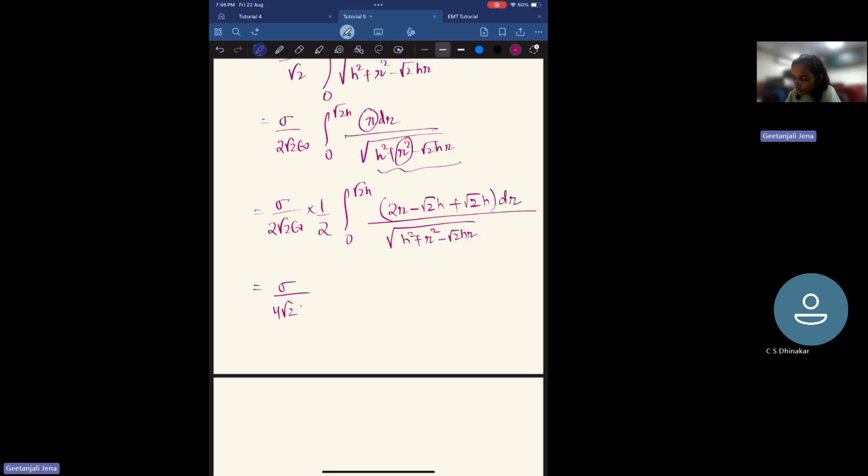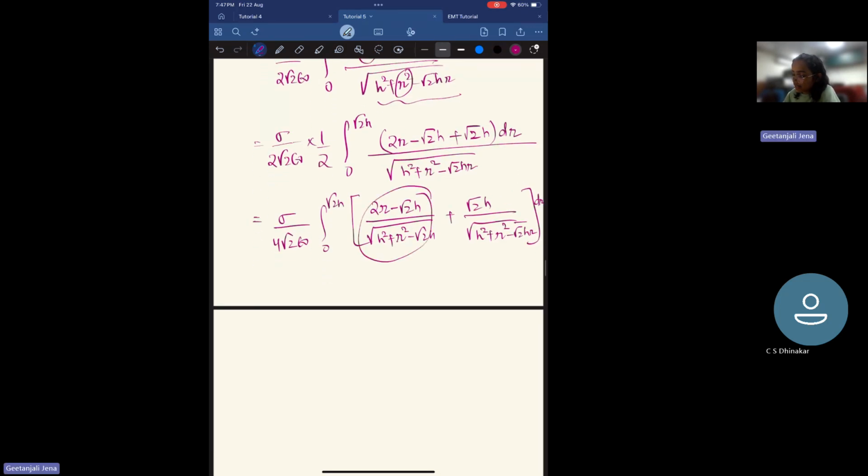This is 4 root 2 epsilon naught, from 0 to root 2h. You can divide into two parts. One is 2r minus root 2h over the square root of h square plus r square minus root 2hr, dr. This one is easy.